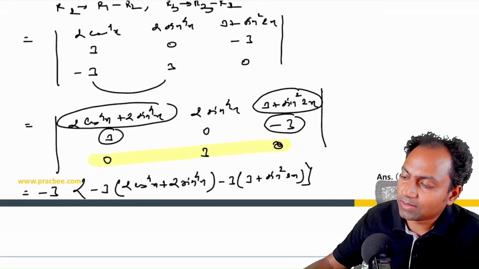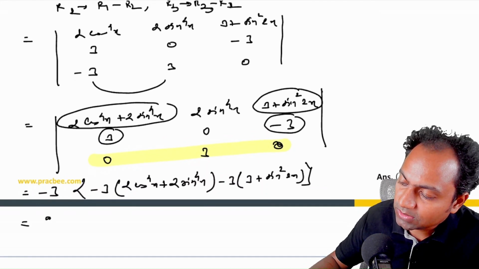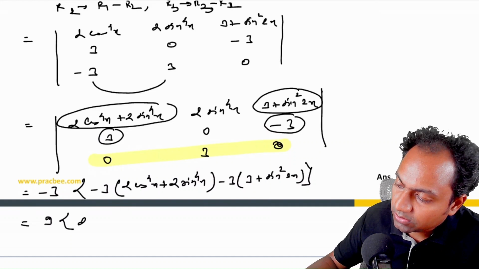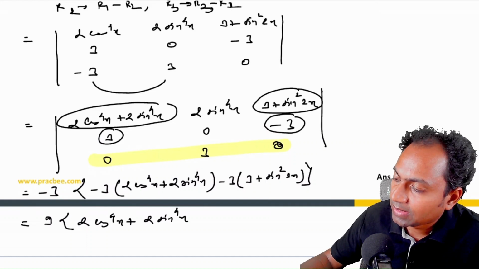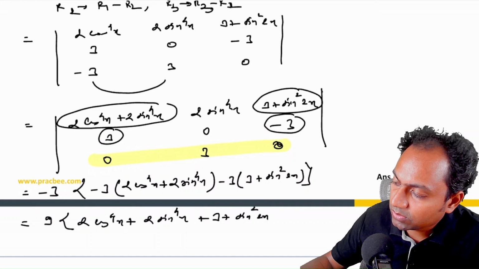Now you can see that it is very intuitive to take this 3 also common, minus 3 common. So this becomes 9 here. And what you have is again 2 cos raised to the power 4x plus 2 sin raised to the power 4x, plus 3 plus sine square 2x.